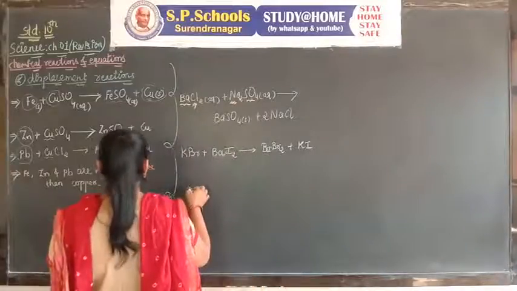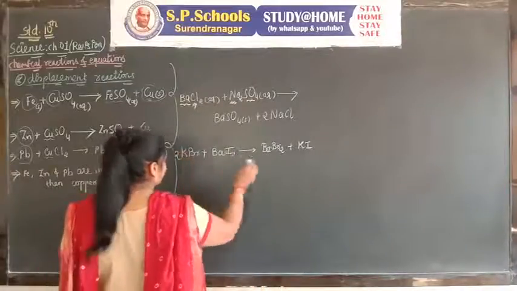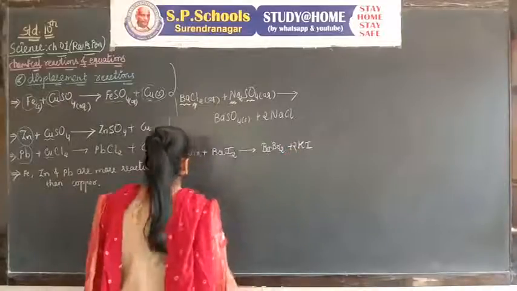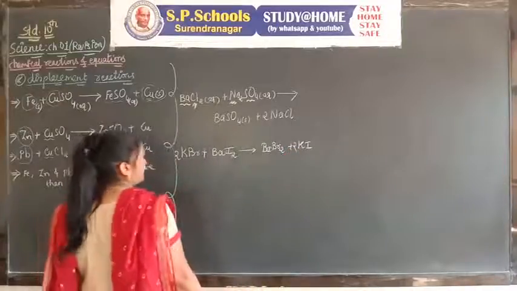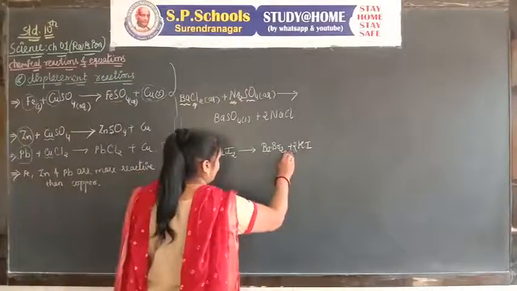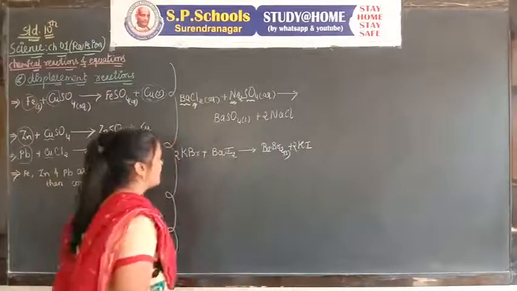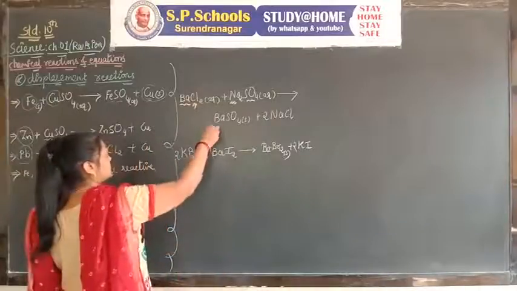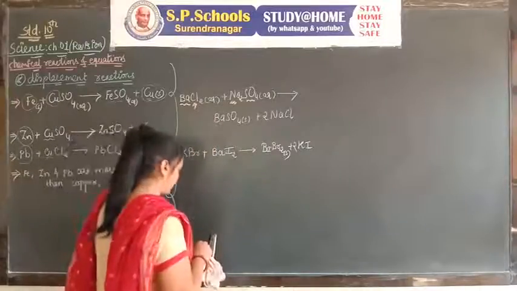You have to balance all the equations. To balance the equation, we put 2 before KBr and KI. Here the precipitate of BaBr2 can be seen. Here the precipitate of BaSO4 can be seen.